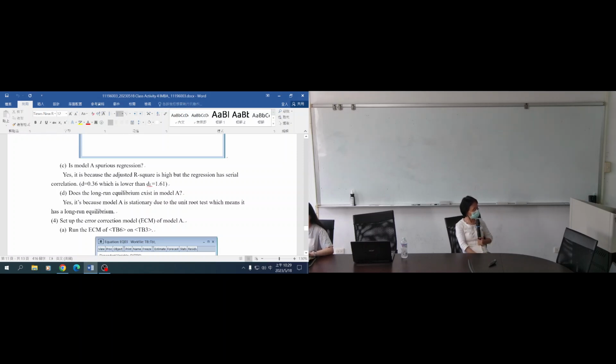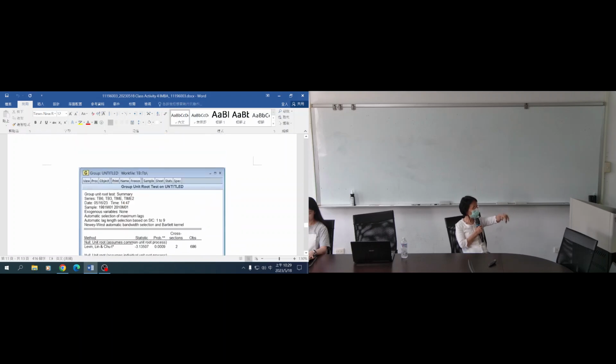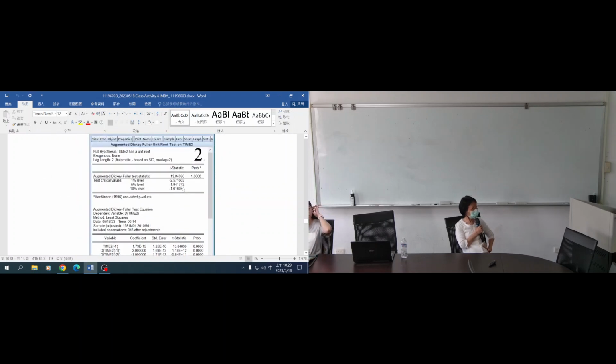Okay, go ahead. Does the long-run equilibrium exist in Model A? Yes, because Model A is stationary due to the unit root test, which we can see all pass. Means it has a long-run equilibrium, because Model A is stationary. What do you mean by that? You didn't do the residuals unit root test.